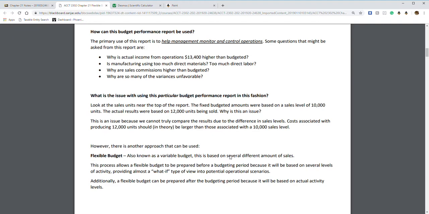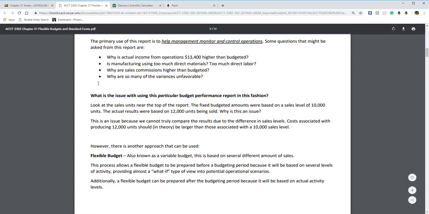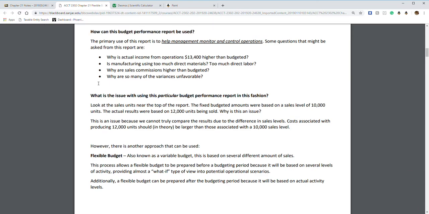But of course, these are a few questions that we ask. Just to backtrack and give you the questions. These budget performance reports that we use basically do help managers monitor and control operations. Some of the questions they may ask from this fixed budget are: why is actual income from operations higher than budgeted? They're going to try to figure that out because they want to reproduce that.